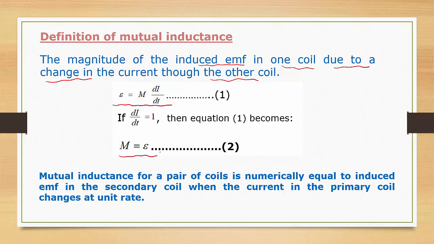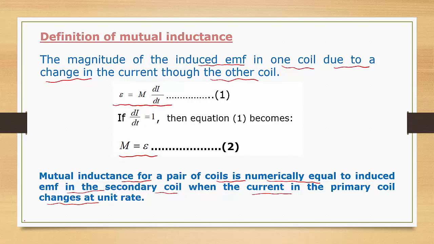How to define mutual inductance? Mutual inductance for a pair of coils is numerically equal to the induced EMF in the secondary coil when the current in the primary coil changes at unit rate. This is mutual inductance.